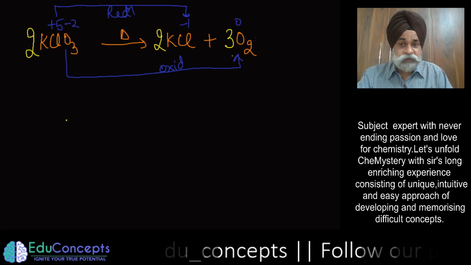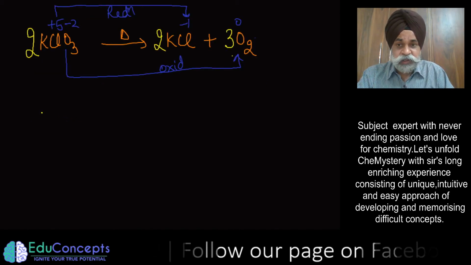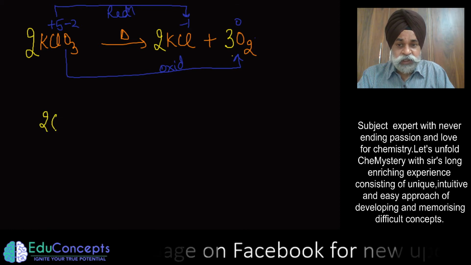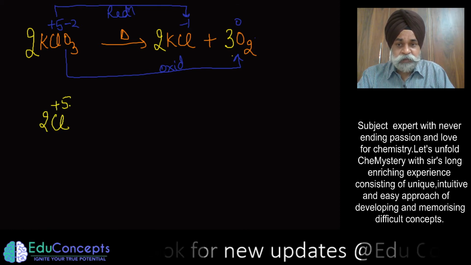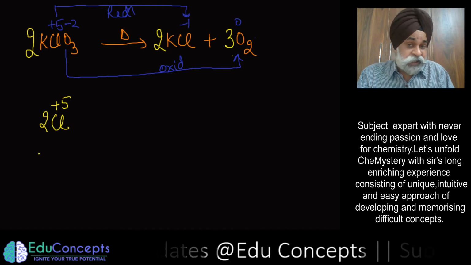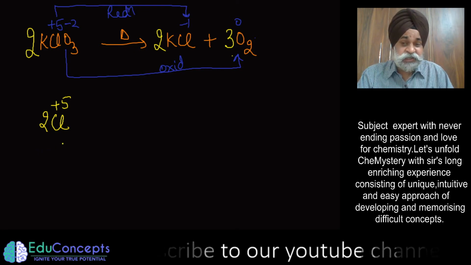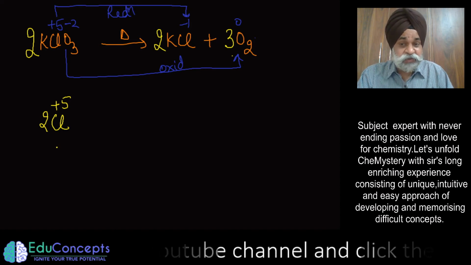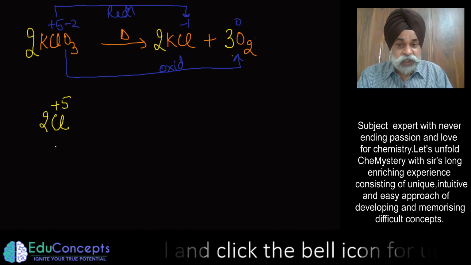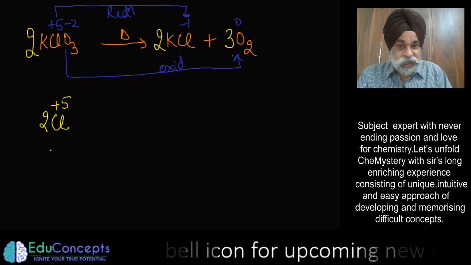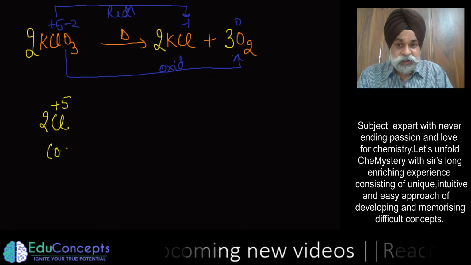Now on balancing, you have 2Cl of +5. If somebody asks you during this reaction who is the oxidizing agent and who is the reducing agent, it is very interesting to see that chlorine here is acting as an oxidizing agent. Why?